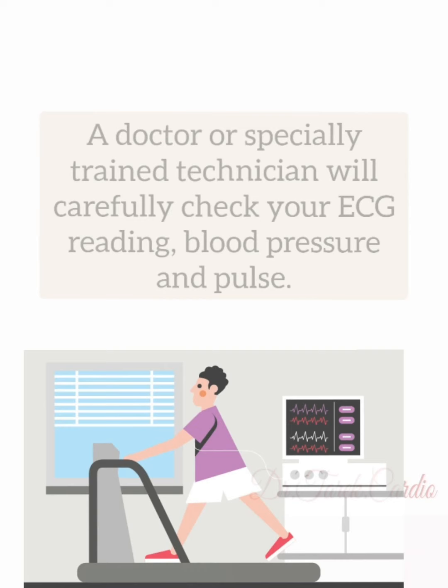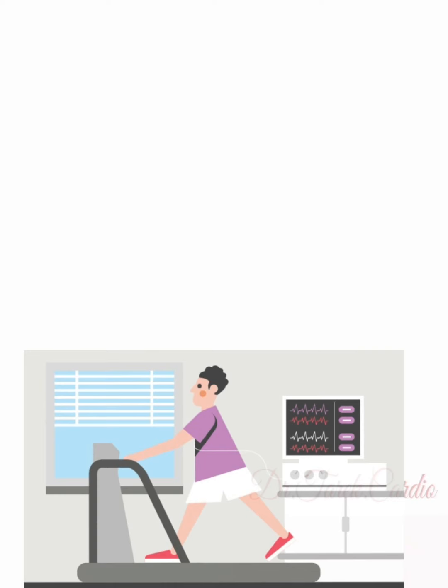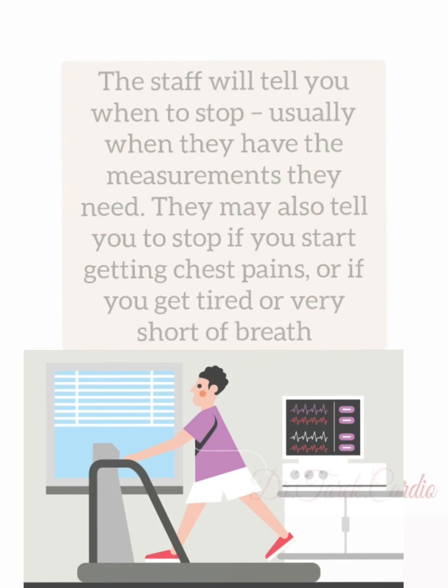A doctor or specially trained technician will carefully check your ECG reading, blood pressure and pulse. The staff will tell you when to stop, usually when they have the measurements they need.